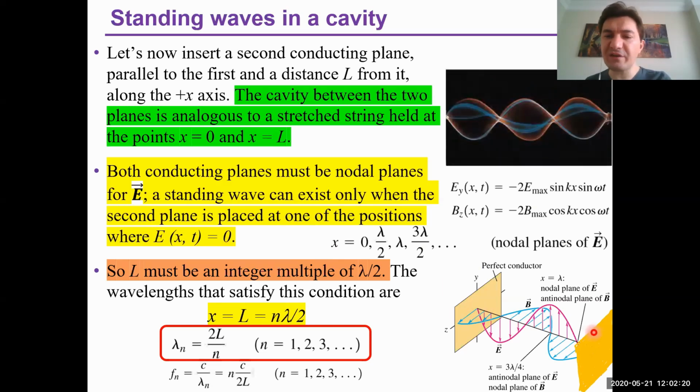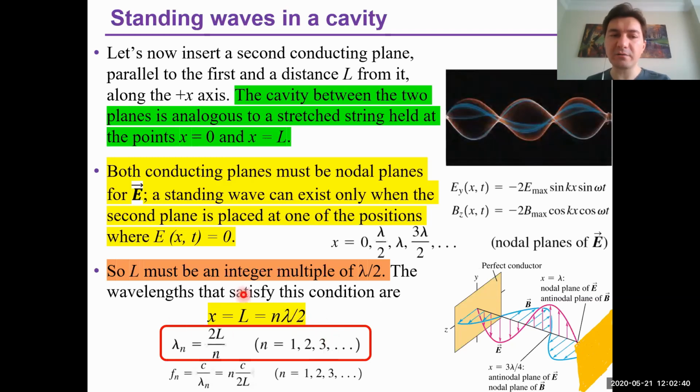And if the distance between the two metal plates is given by L, then x is equal to L, and it is also equal to n lambda half.